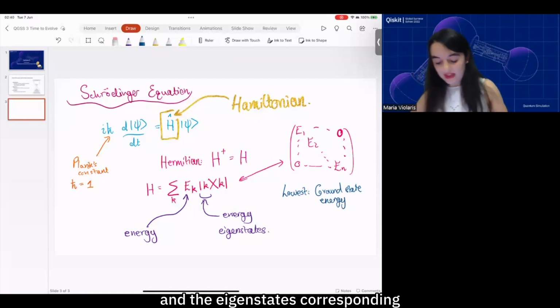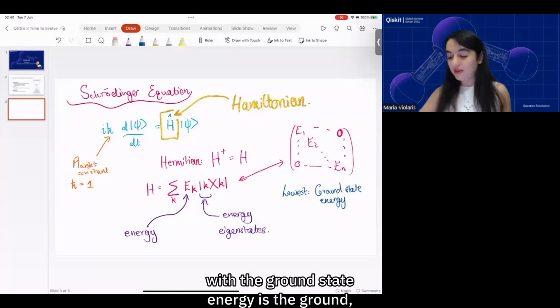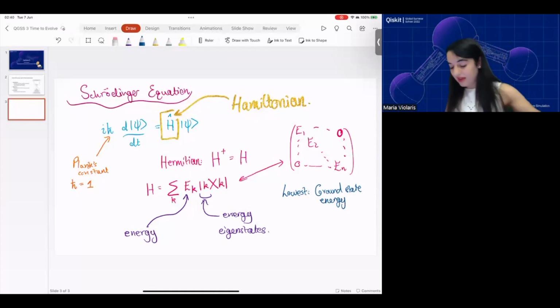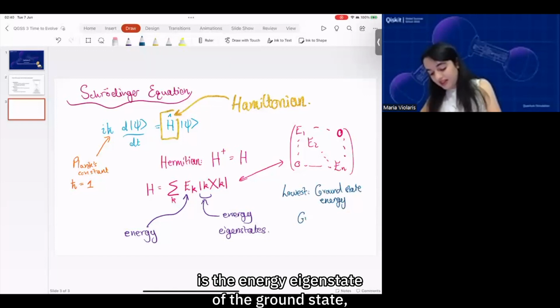And the eigenstate corresponding to the eigenvalue with the ground state energy is the energy eigenstate of the ground state.